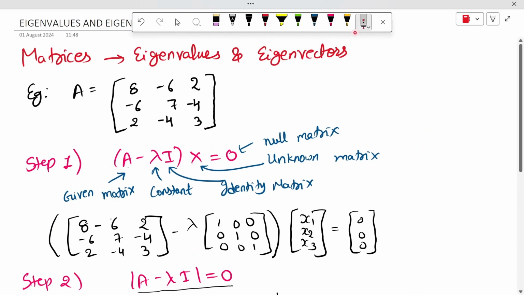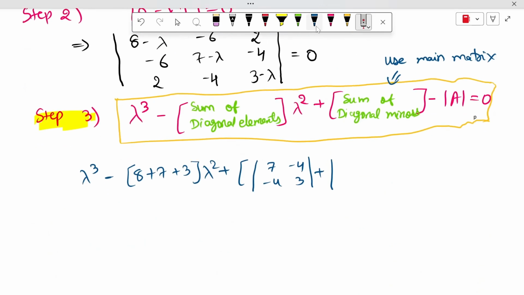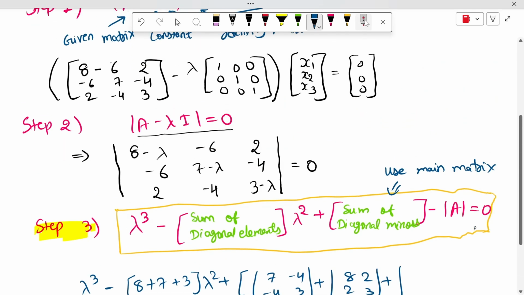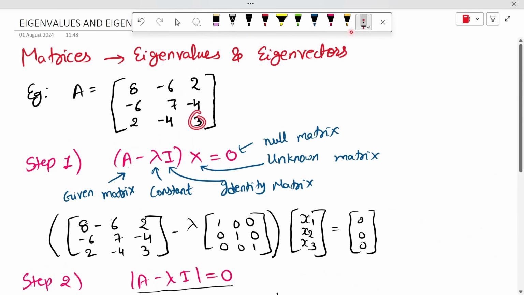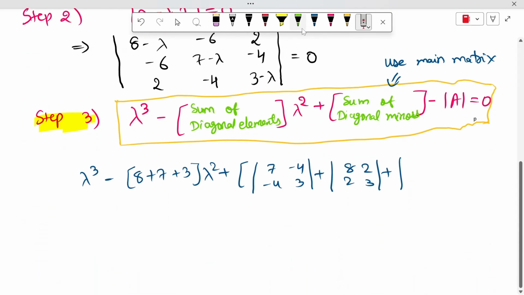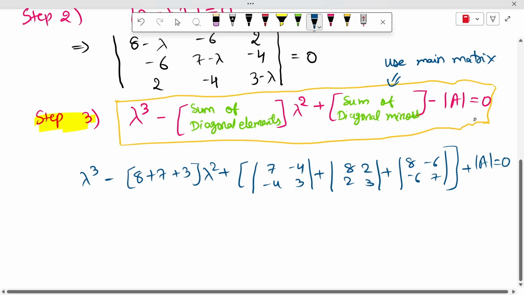What will be the second? Along the diagonal, the second will be this, so it will be 8 2, 2 3, plus third. The third diagonal is this, so along this we get the determinant 8 minus 6, minus 6 7. Plus determinant of A is equal to 0.